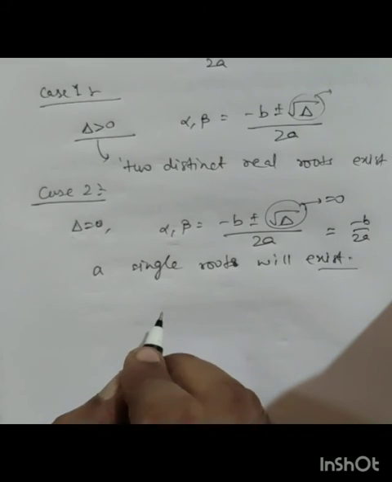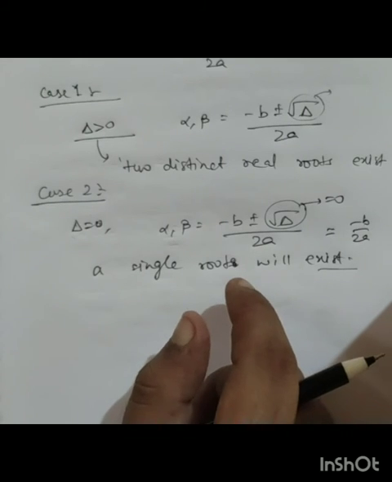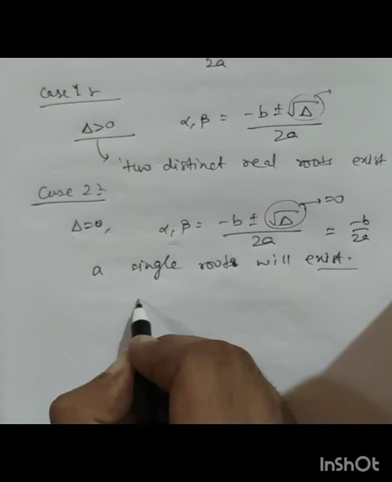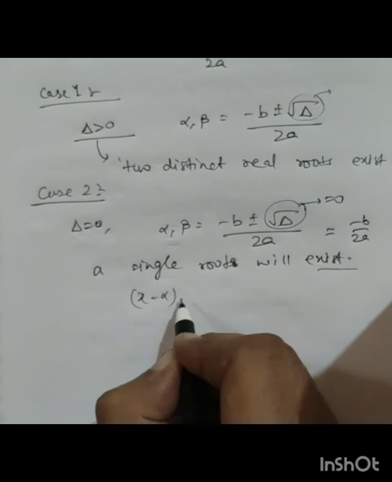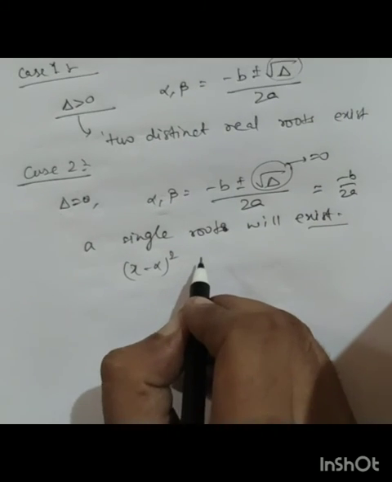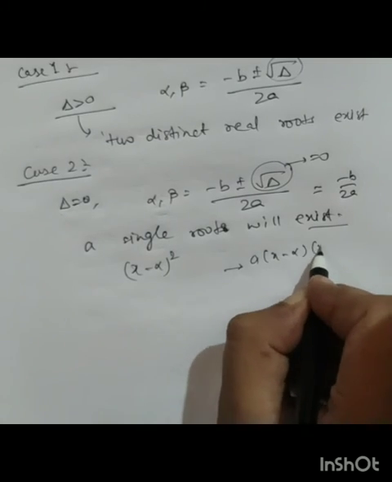there will be repetition of roots, like (x minus alpha) whole squared, because we can represent a quadratic equation in the form a into (x minus alpha) and (x minus beta).